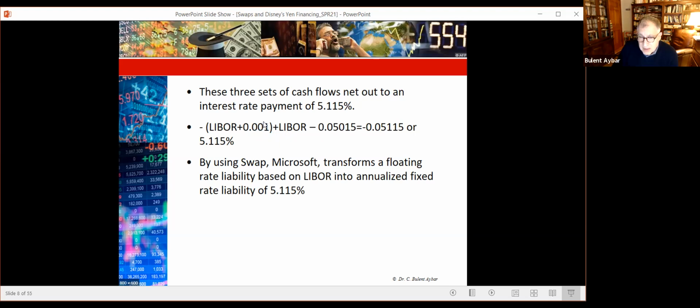Combining this 10 basis point markup plus the 5.015% fixed interest payment, its effective cost is going to be 5.115% fixed throughout the swap deal. So by using this structure, Microsoft effectively converts its floating rate loan into a fixed rate loan on an annual interest of 5.115%, but the payments are made on a semi-annual basis.